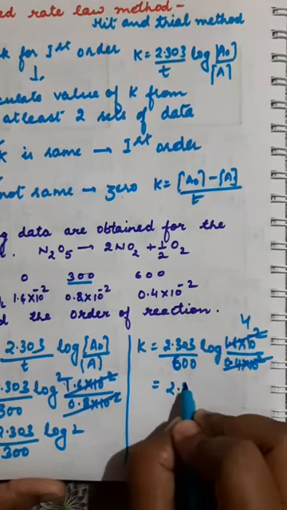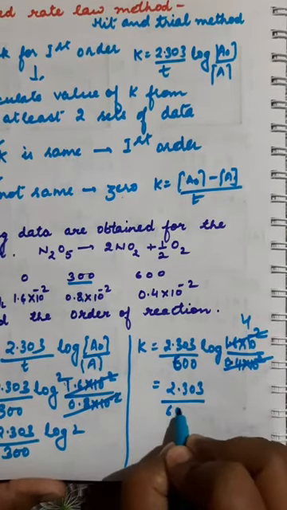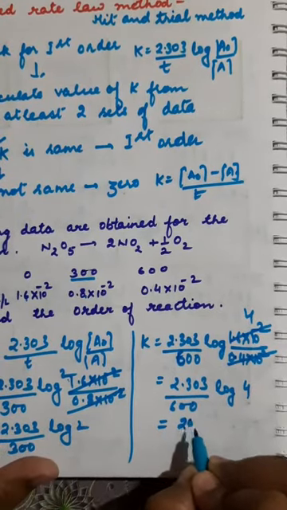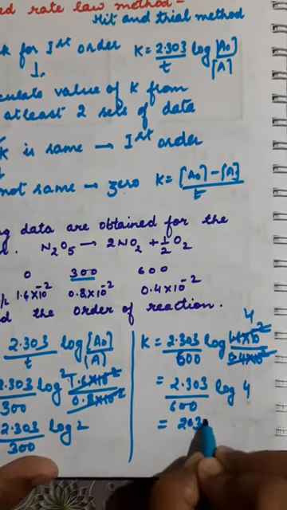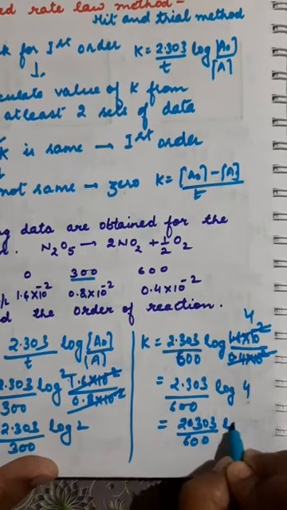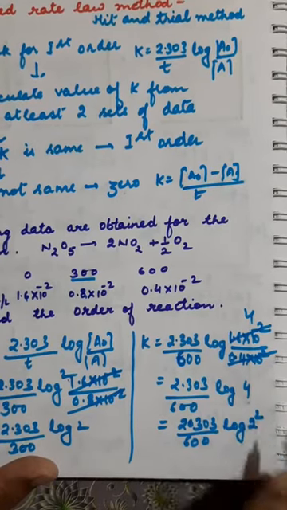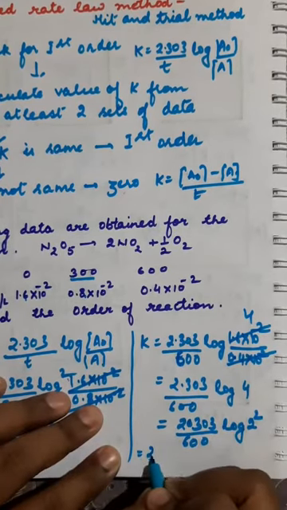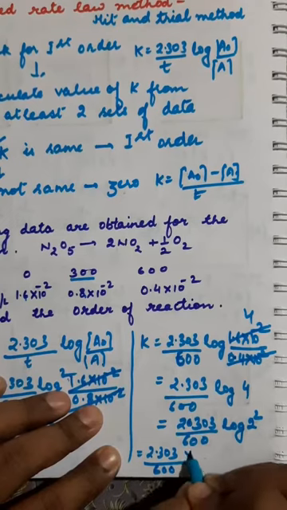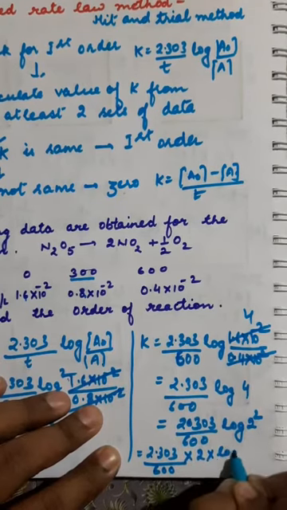So you can write 2.303 upon 600 log 4. Log 4 can be written as 2.303 upon 600 log 2 to the power 2. So it becomes 2.303 upon 600 into 2 into log 2.